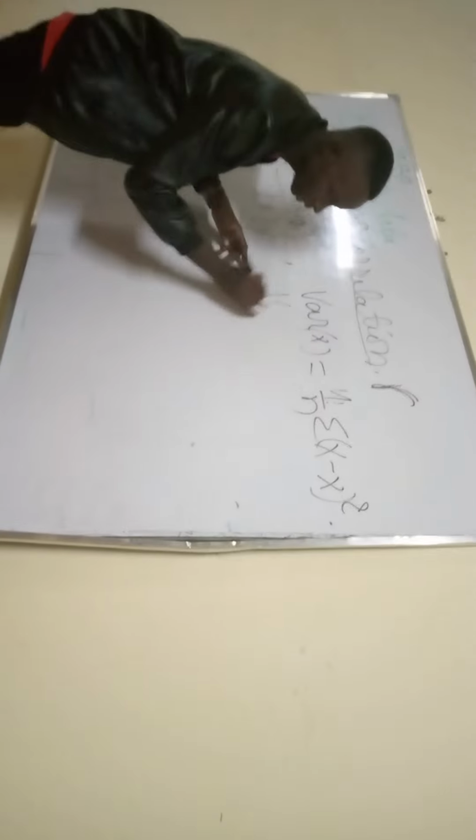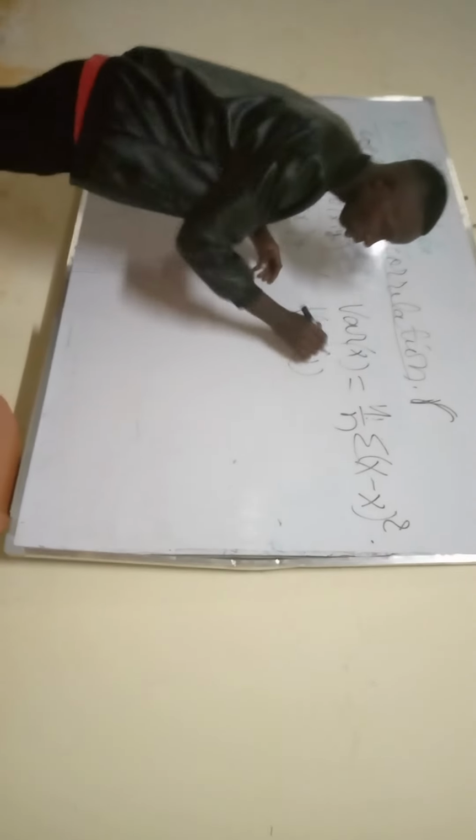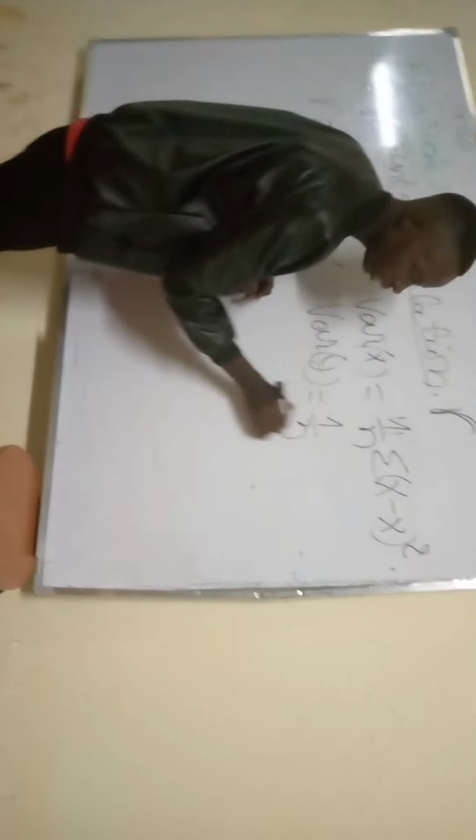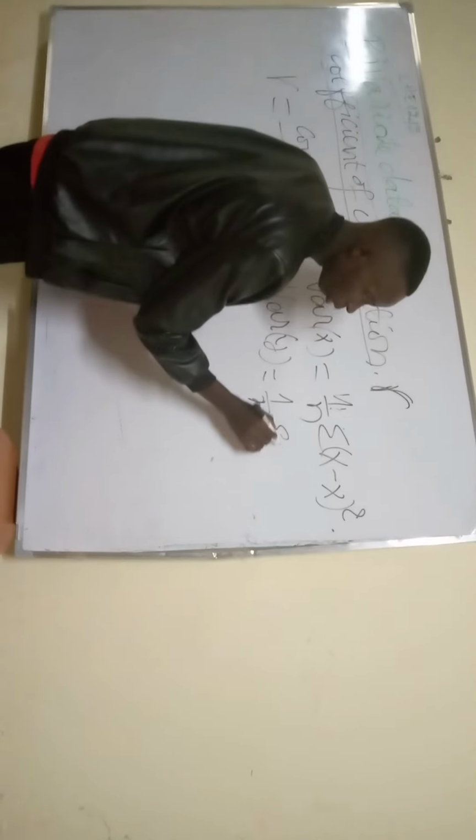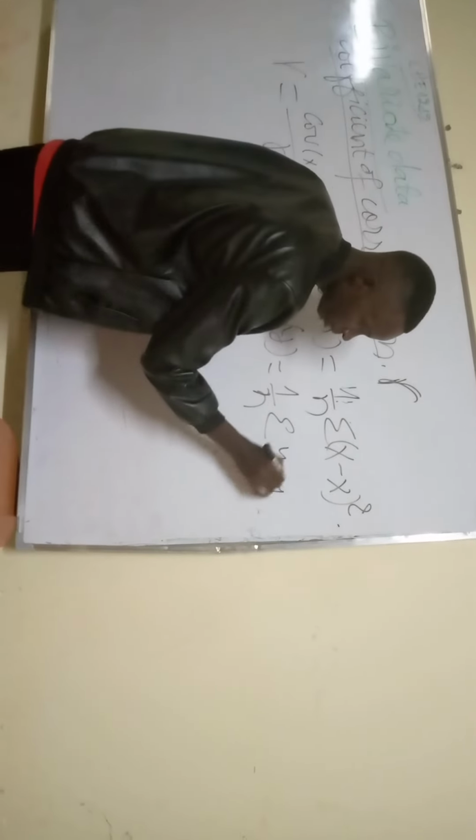And the variance of y will be equal to 1 over n, summation of y minus y mean squared.